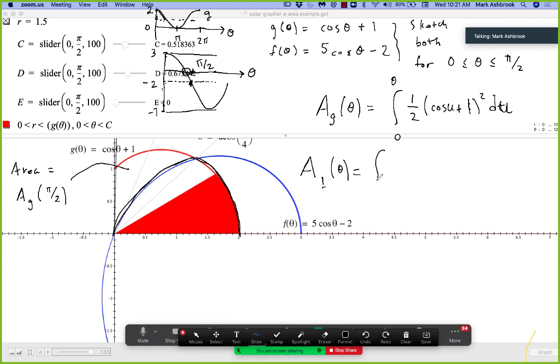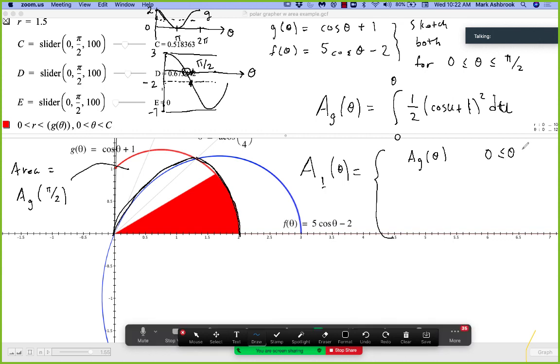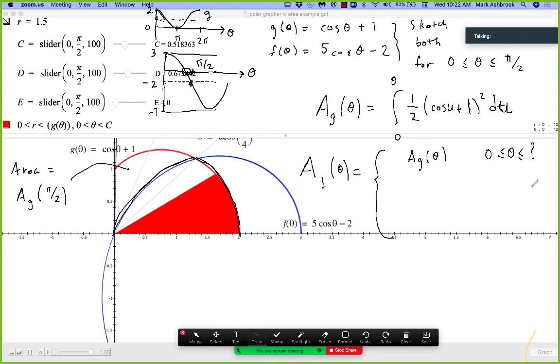We're going to have a piecewise function, and at the beginning it's just A sub g of theta. And that's when theta goes from 0 to what? When do we stop accumulating on A_g?